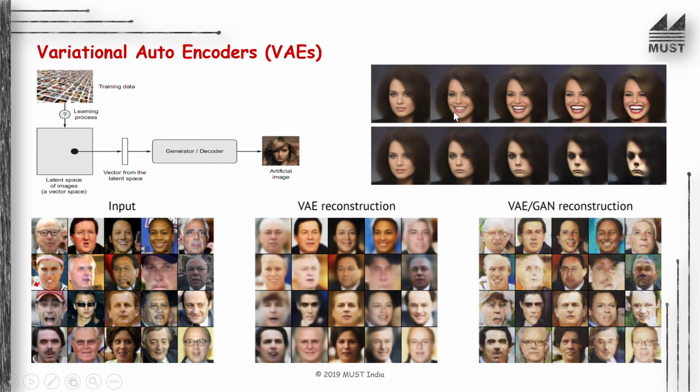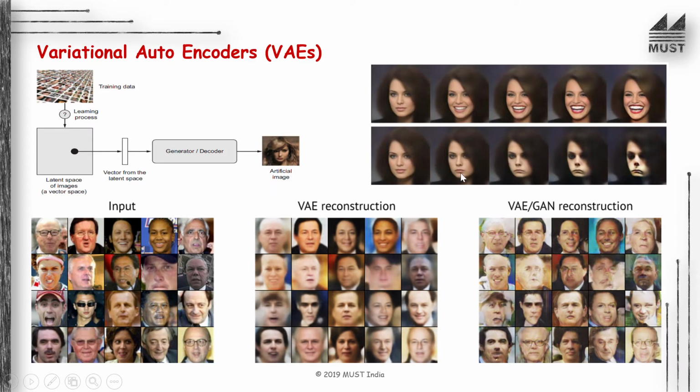If someone is already smiling and you want to extend the amount by which they are smiling, from a normal smile to something like a mouth-open laughter, you can do it using variational autoencoders. You increase or decrease the probability distribution of the particular latent space of that feature.